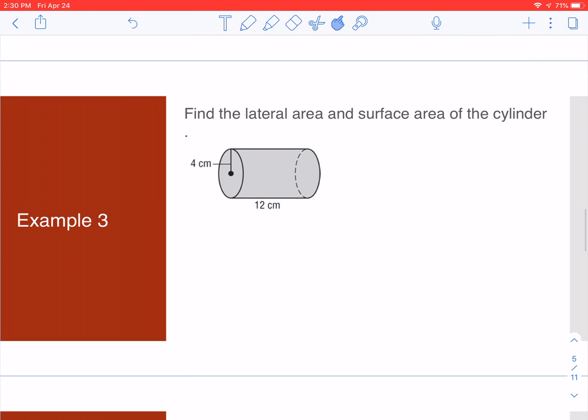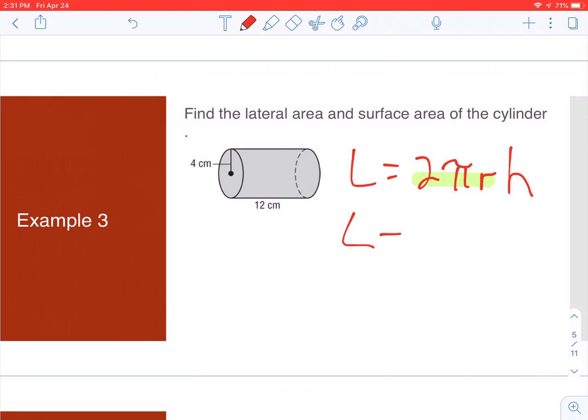We're going to find the lateral area. Lateral area equals 2 pi r h. If you notice here, 2 pi r, that's the circumference. So if you want to think about it this way, it's width times height, length times height. The length of a rectangle, if I rolled it up into a cylinder, would be this formula.